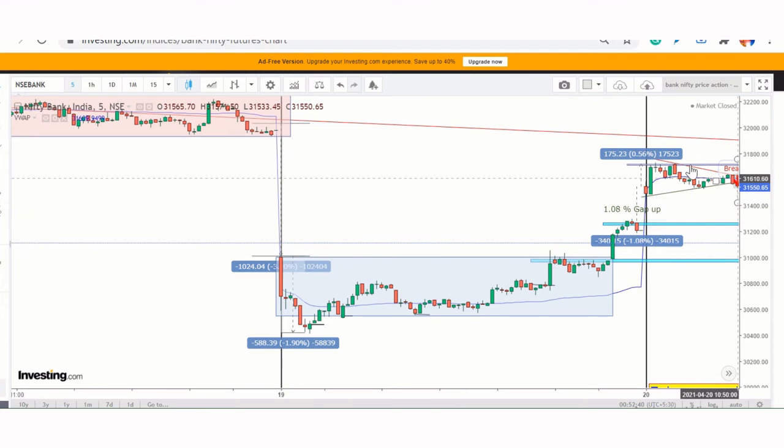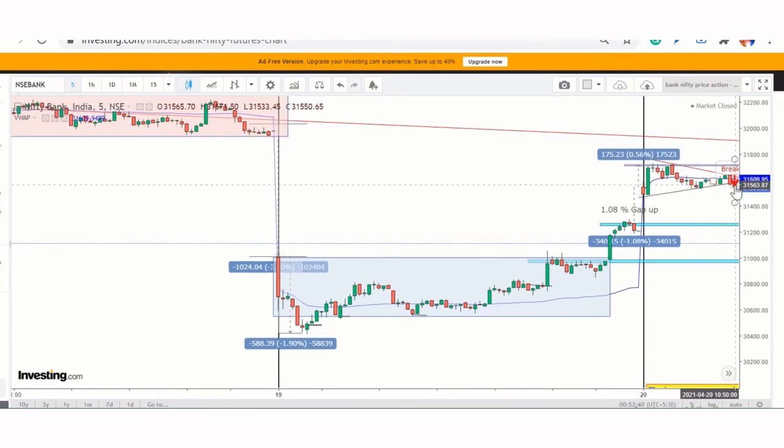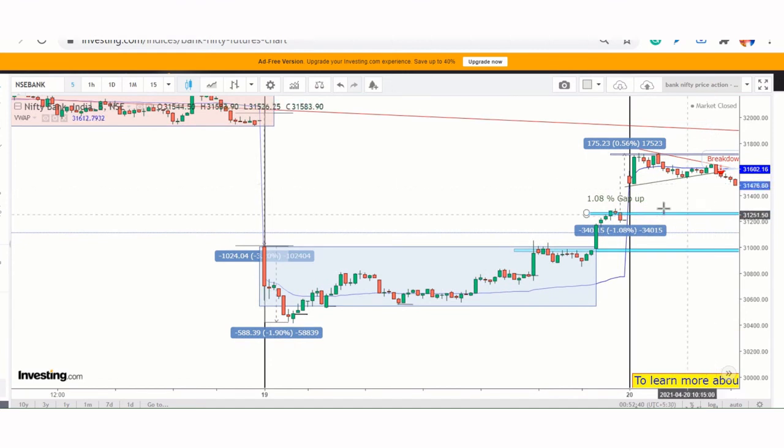So this is a short trend. We can draw a trend line on both sides, connecting the highs and connecting the lows. As it breaks the trend line, we can take a short position based on the price action technique. Our target will be the previous day close, because this is the immediate support and we expect that the gap might be filled in the coming hours.